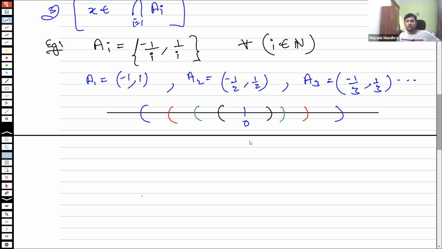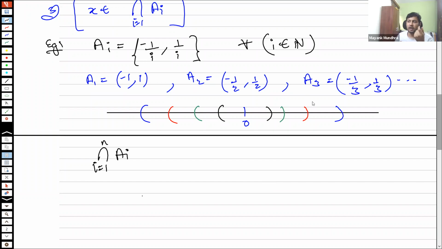So if I take the intersection of A_i from i equals 1 to n, you see, every subsequent set is a subset of the previous set. As you keep on increasing i, the sets keep on getting smaller and smaller in their length.